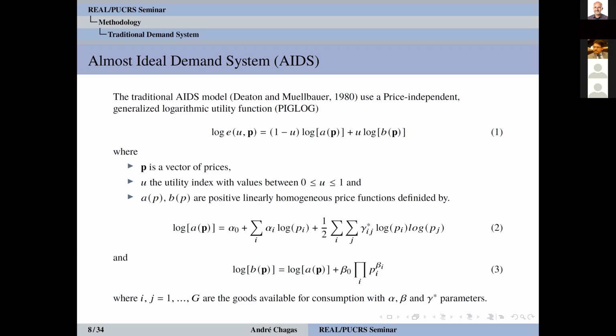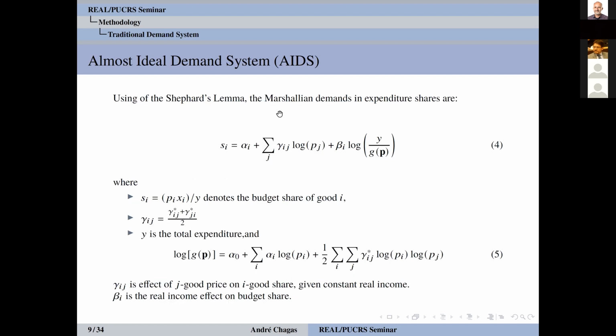They show that using the regular Shephard lemma, they derive the demand system, the Marshallian demand function, looking not only for the good, but for the share of the budget spent in this good in this way.